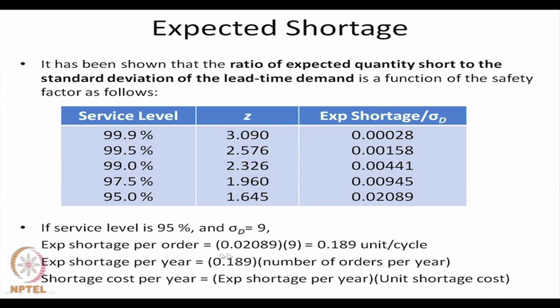So, one can thus find out the actual number of units short in a year, the expected number of units short per year. If the number of orders per year is 10, then 0.189 into 10 is 1.89; those many units are short. So, one can thus find out the shortage cost, which is the expected shortage per year multiplied by the unit shortage cost.